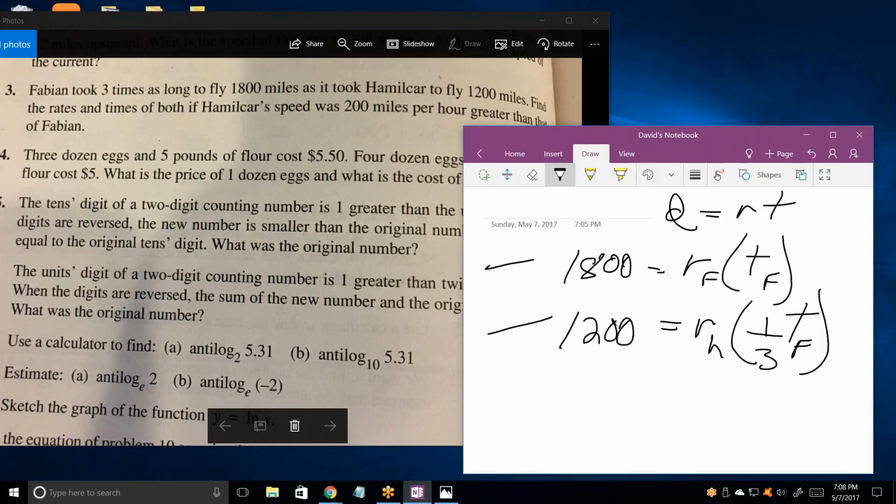Well, if Hamilcar's speed was 200 miles per hour greater than that of Fabian, that tells you that Hamilcar's rate is Fabian's rate plus 200 miles per hour. Now we have 3 equations and 3 unknowns. That's all we need to solve it.